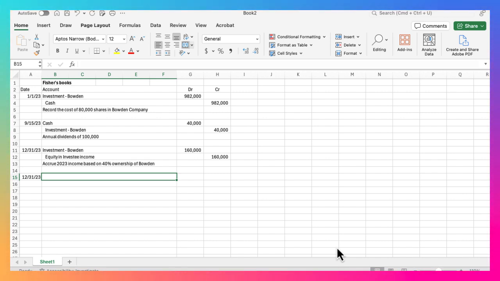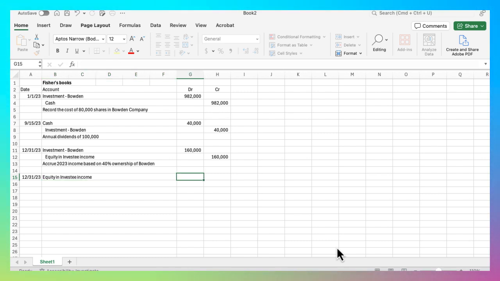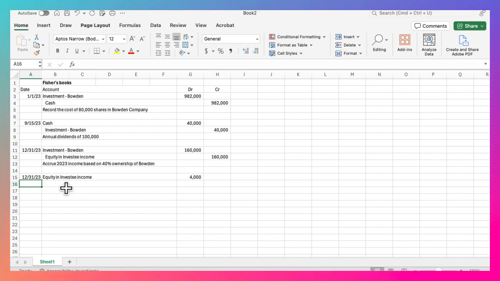So what we need to do is debit equity in investee income for $4,000. How did I get $4,000? 60,000 divided by 15 years gives me my $4,000.